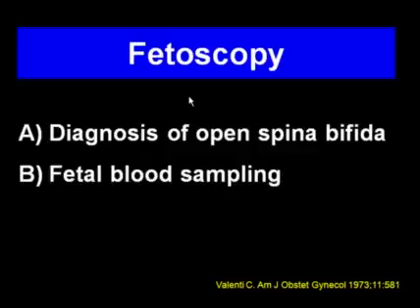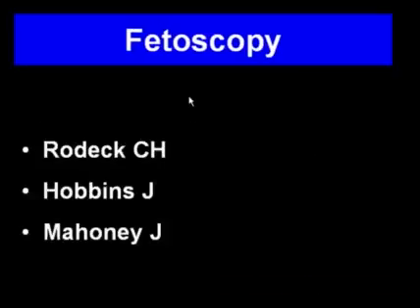It was in the early 70s that Carlo Valenti, an Italian who was working in New York at that time, reported that fetoscopy could be used to diagnose open spina bifida and to perform also fetal blood sampling. After that, Charles Rodeck in Europe and John Hobbins and Jeremiah Mahoney in the United States started to use fetoscopy to perform intravascular transfusion on anemic fetuses.